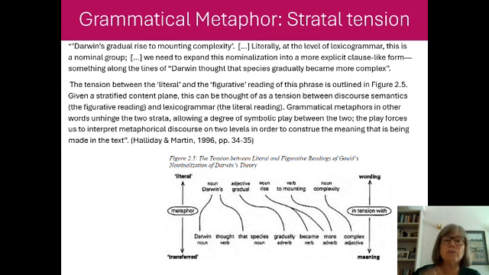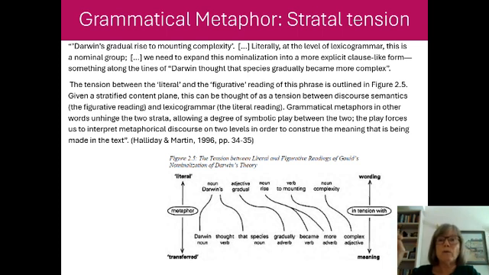So there's a tension between the literal, what was actually said, the nominal group, and the figurative reading of this phrase, and that's outlined in this figure from their book. This is thinking about the stratified content plane, the semantics and the lexical grammar. So it's that tension that exists between the two.